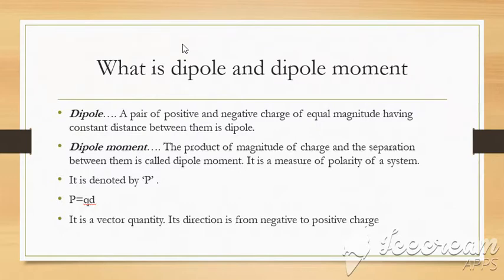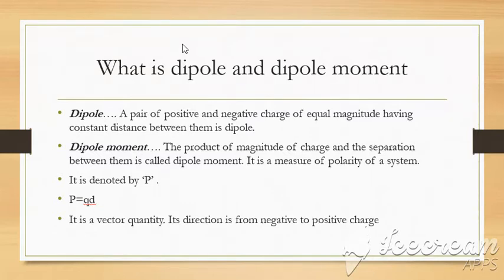By dipole, we do not mean that these positive and negative charges are separate. A dipole can be of an atom also. In an atom, the nucleus which is positively charged and electrons which are negatively charged, they do not separate. They will be in a single atom, just there is a slight displacement.